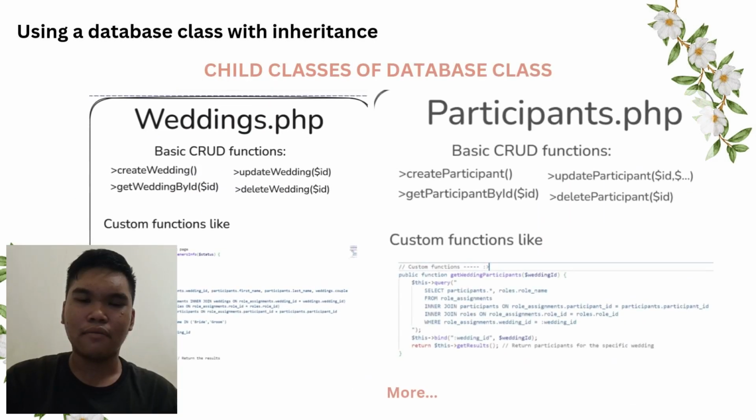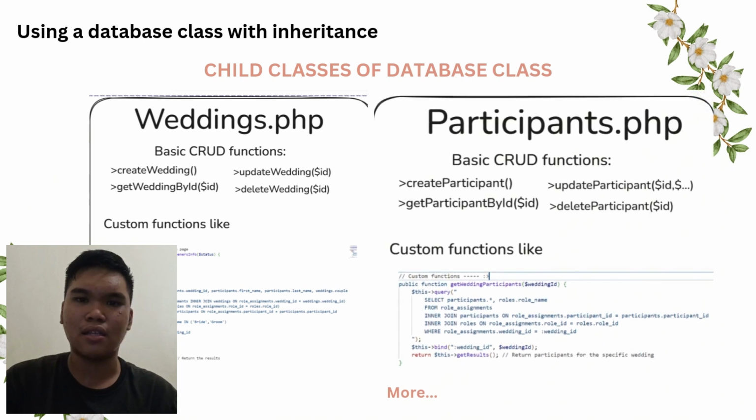We opt for inheritance here because it avoids a disorganized and large accumulation of functions in a single file. The database child classes such as weddings.php and testimonies.php make it so that CRUD operations are separated and custom SQL commands are organized per table.